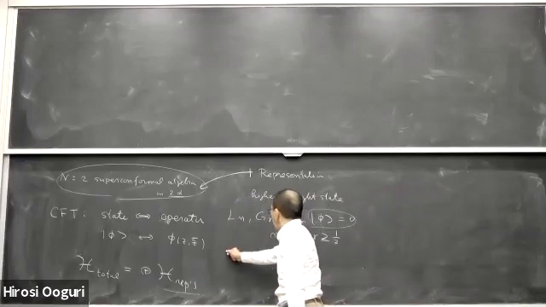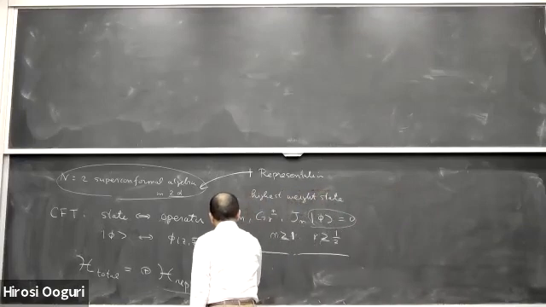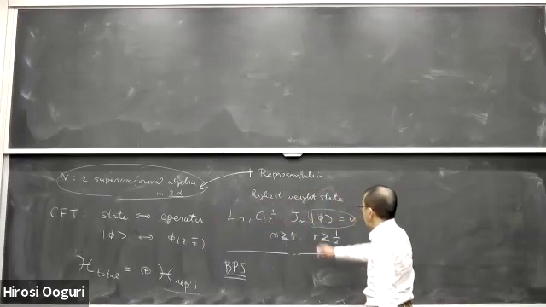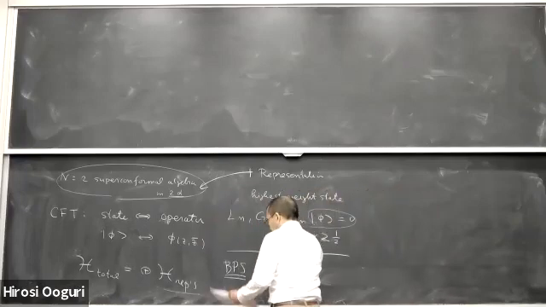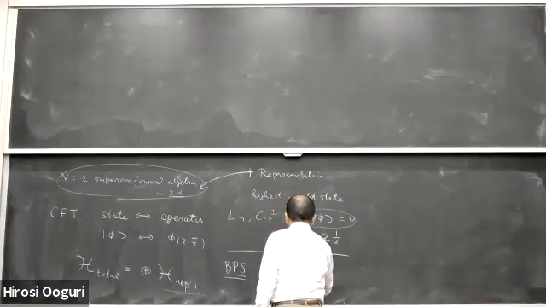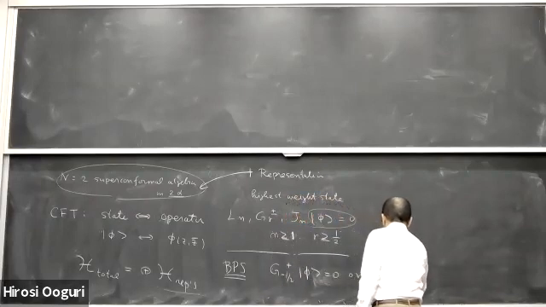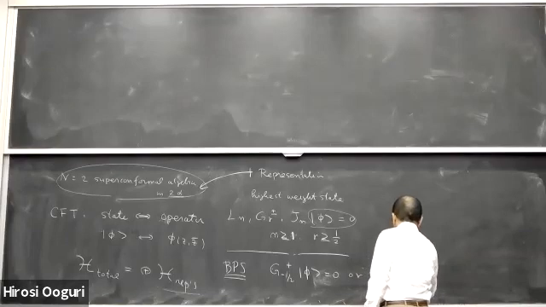But there is a particular highest weight representation called BPS representation, for which in addition to this, you postulate that it is annihilated by G minus 1/2 plus or G minus 1/2 minus of phi.